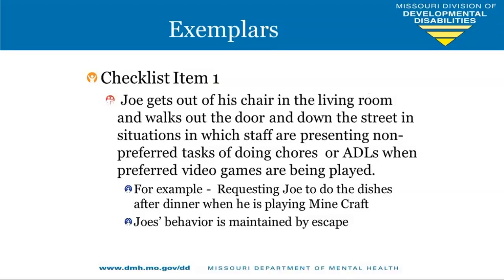Joe's behavior is maintained by escape. This gives implementers a lot of information, and the developer of the behavior support plan can also design interventions and strategies around those specific situations in which Joe is more likely to escape unwanted demands.